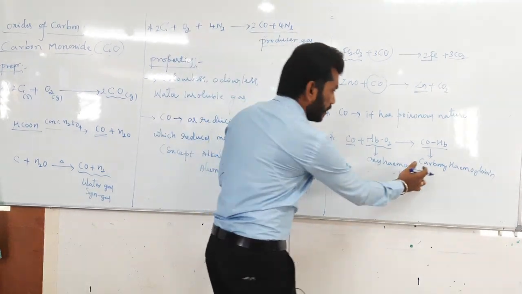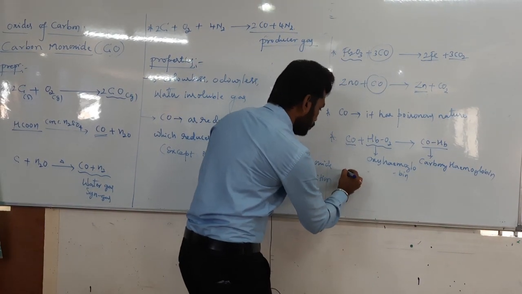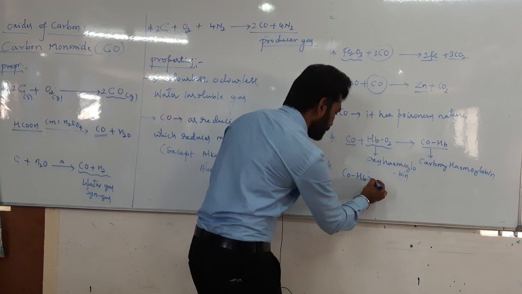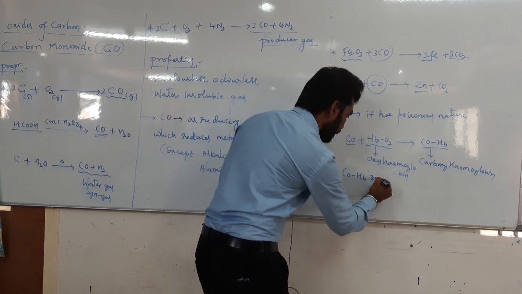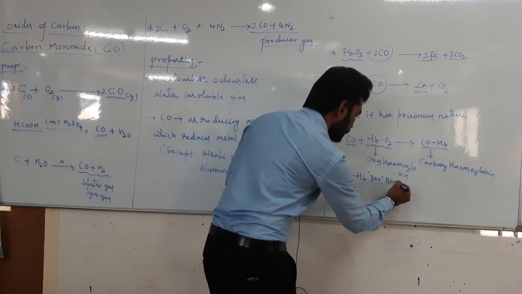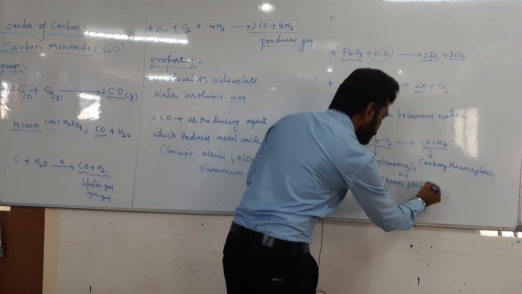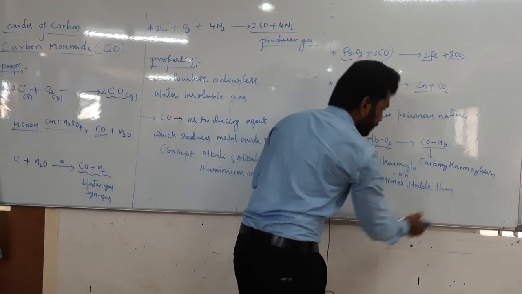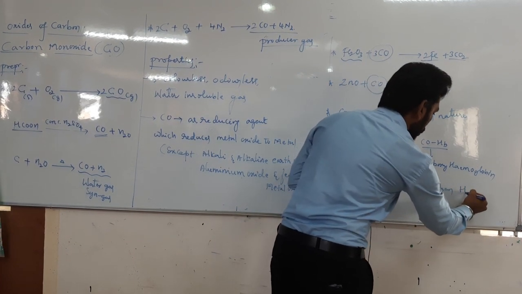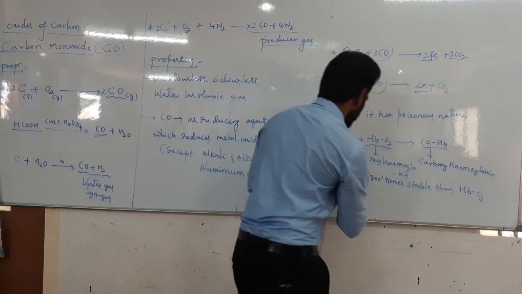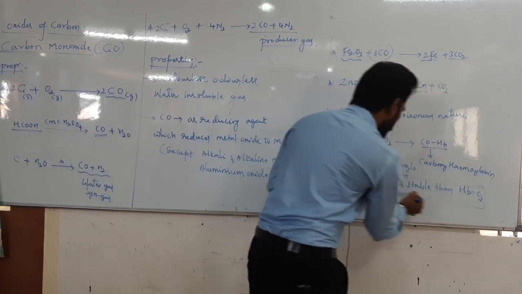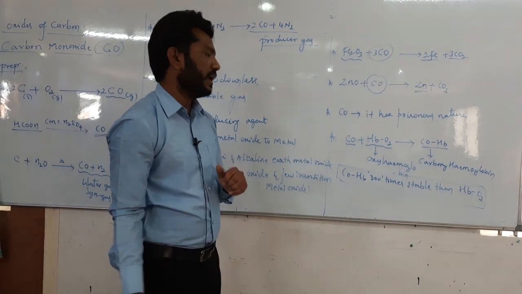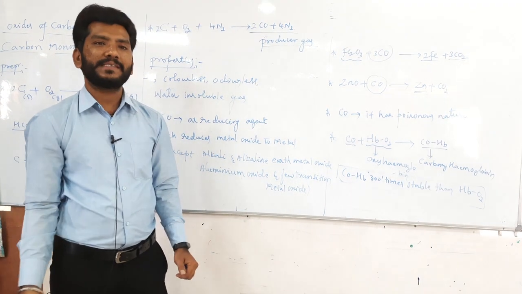Here, carboxy hemoglobin, COHb, is 300 times more stable than oxy hemoglobin.